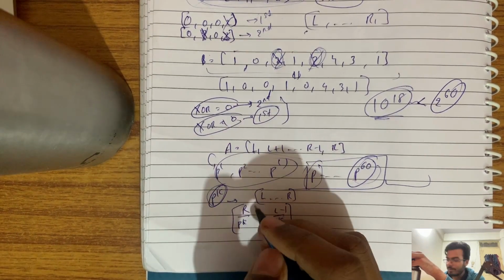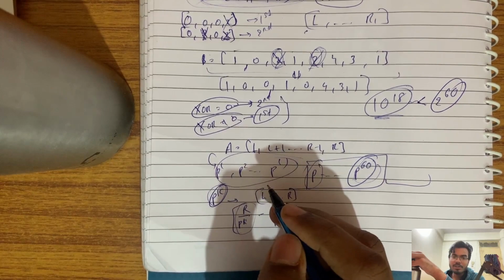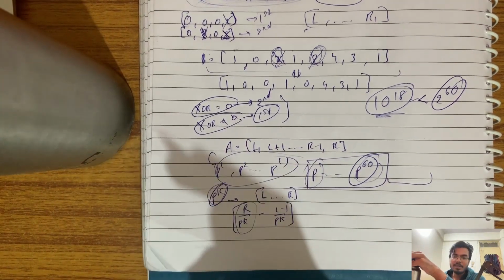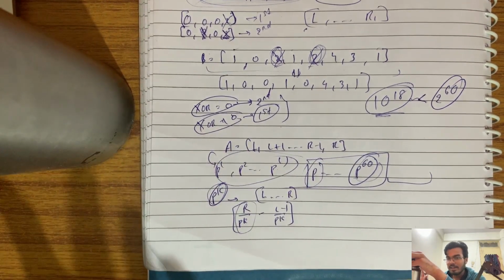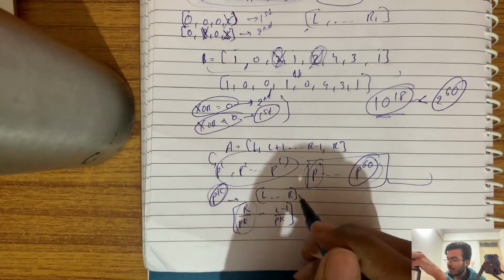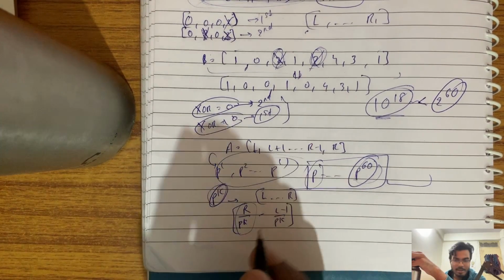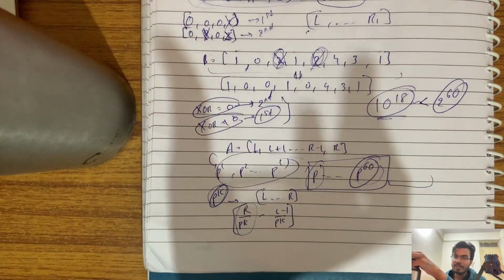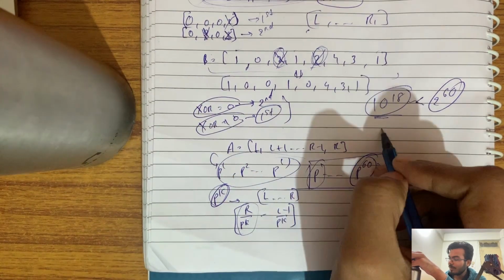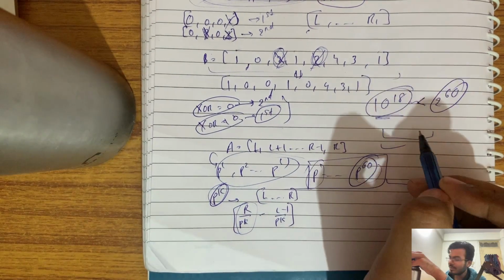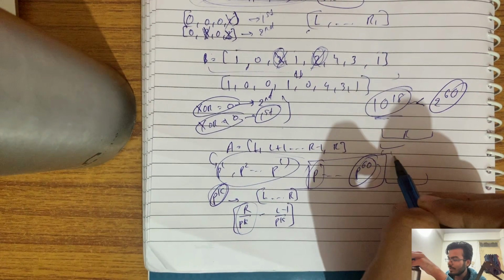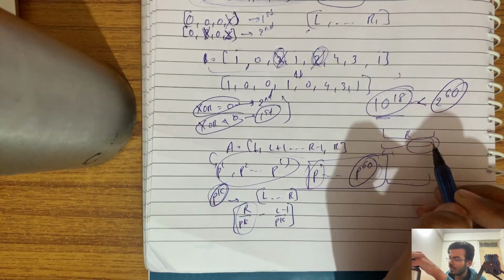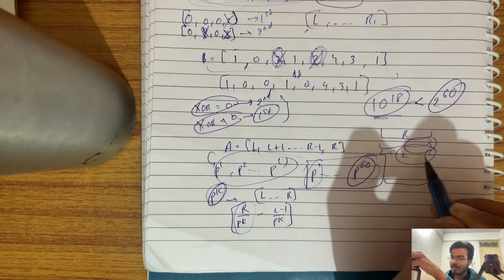R upon p raised to power k gives you the number of multiples of p raised to power k in the range 1 to R, and L minus 1 upon p raised to power k gives you the number of multiples in the range 1 to L minus 1. So if you subtract these, this will give you the number of multiples of p raised to power k in the range L to R, right?